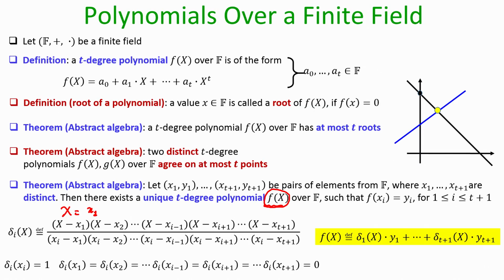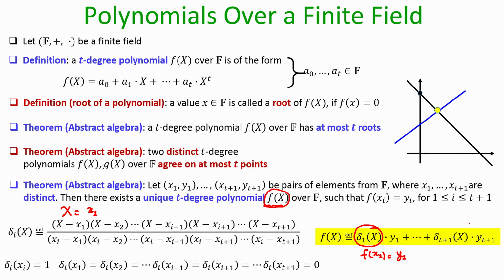And it is easy to see that indeed f of x1 will be y1, because for x equal to x1, my delta_1 polynomial will survive and give the value 1, and 1 multiplied by y1 will be y1, whereas all the other delta polynomials will vanish.